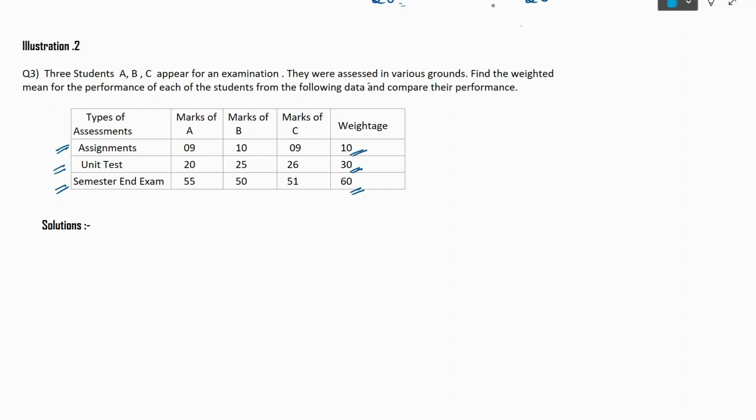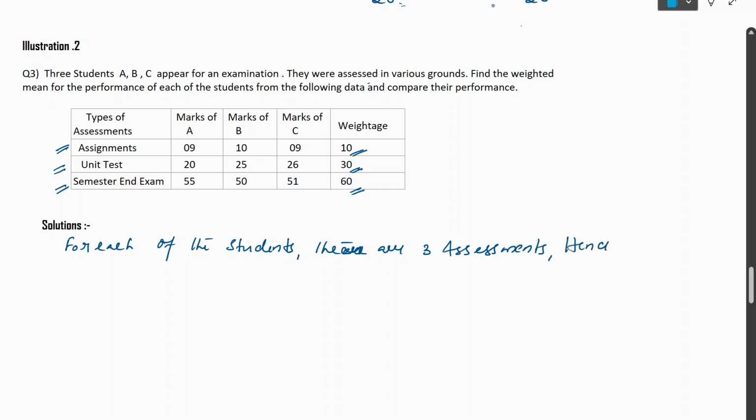First write the formula. Then for each and every student, we need to calculate the weighted average. That's what we have done for the first question. Therefore, first write the formula. For each student, there are three assessments.